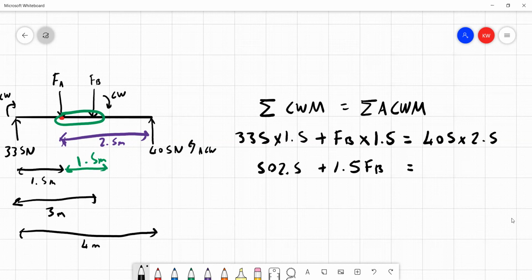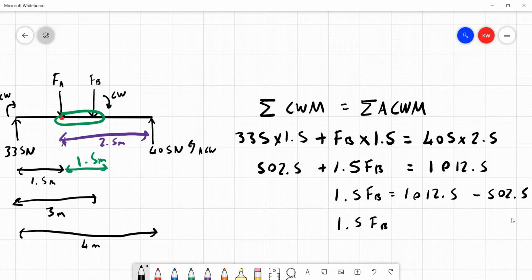And on the other side, we'll have 405 multiplied by 2.5, and that gives us 1012.5. This means that 1.5 times FB is equal to 1012.5 minus 502.5. We subtract 502.5 off both sides. So 1.5 FB is equal to 510.